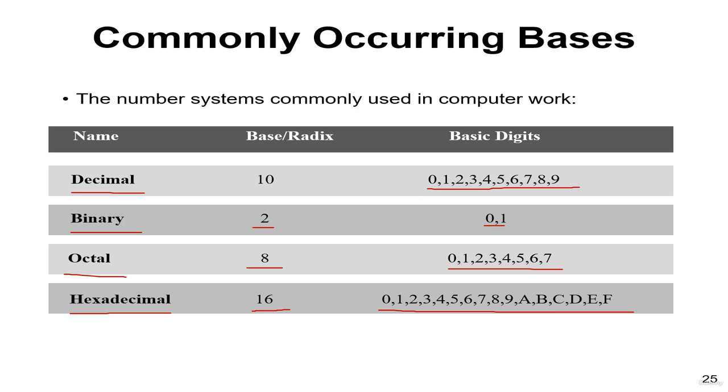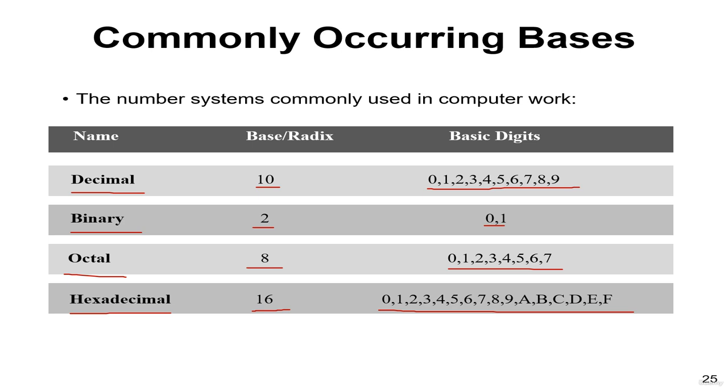It should be noted here that in any number system there cannot be any digit which is equal to or greater than the base. So if you take a look at the decimal number system, you won't see any number which is equal to or greater than 10. All the numbers would be less than 10.